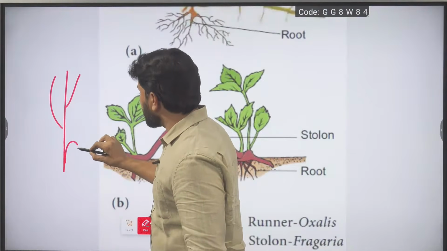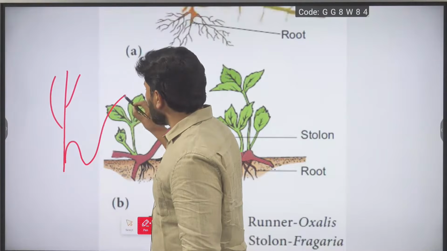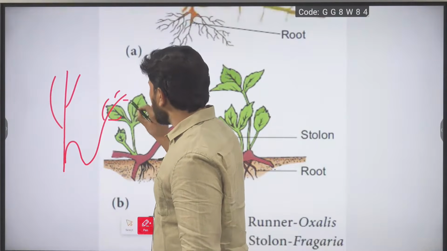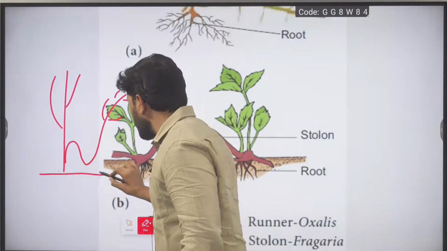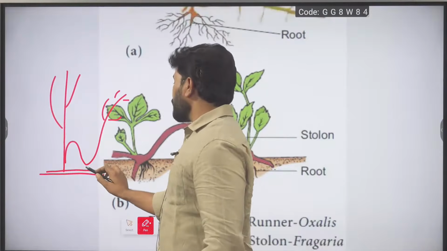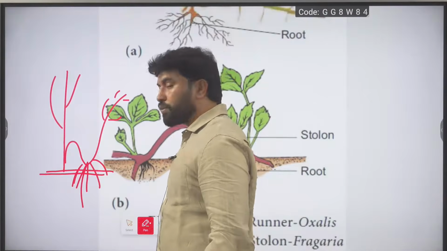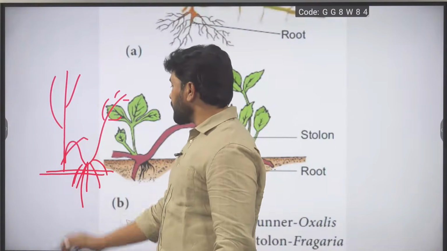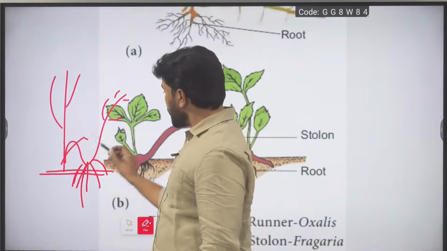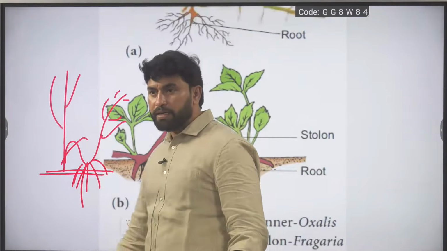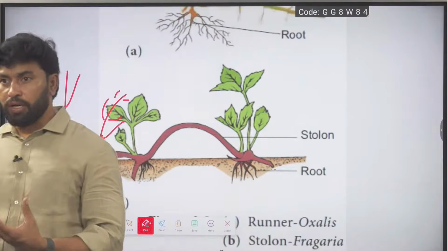A branch which is near to the soil started to touch the soil. This is the base of the stem. Wherever it touched the soil, it started to develop roots. Whenever we cut the stem away from the main stem, it can grow like a new plant. This phenomenon is called stolon.